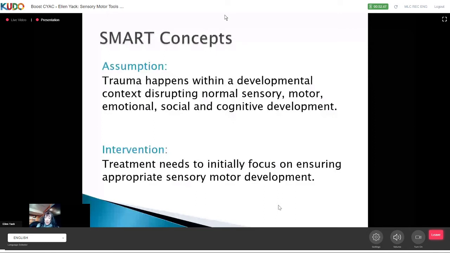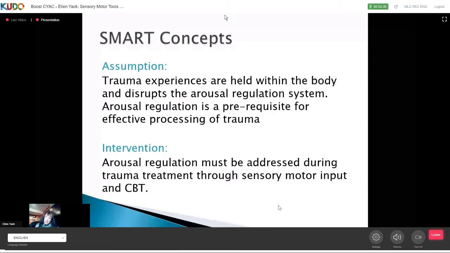So any intervention, because it's impacting all areas of development, needs to focus on ensuring appropriate sensory motor development. The other assumption is trauma experiences are held within the body, and again, that's the assumption in sensory motor psychotherapy, and disrupts the arousal regulation system. Arousal regulation is a prerequisite for effective processing of trauma.